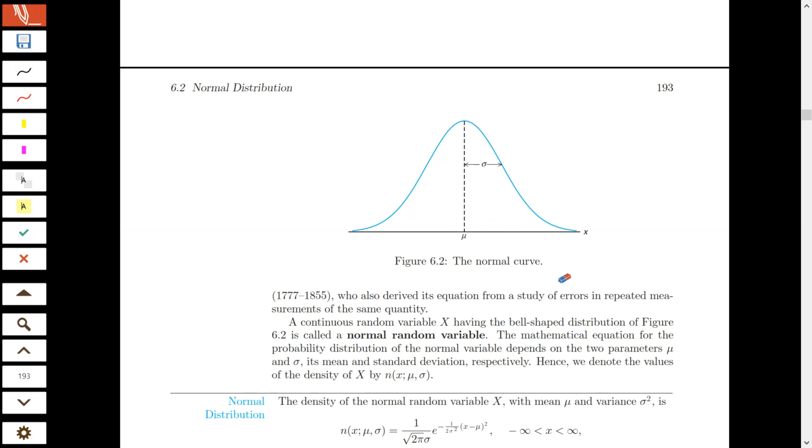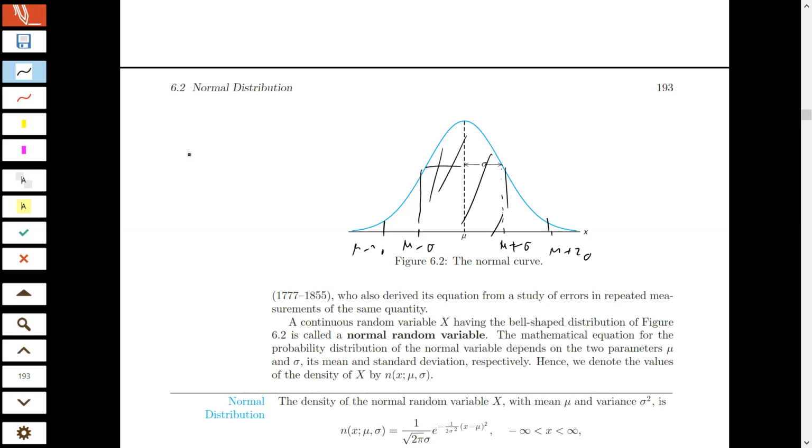Let's say this is mu, and because I know this is sigma, this will be mu plus sigma and this will be mu minus sigma. So this will be a certain area. You can even compute it, right? Now if you increase this and turn it to 2 sigma, mu plus 2 sigma, mu minus 2 sigma.